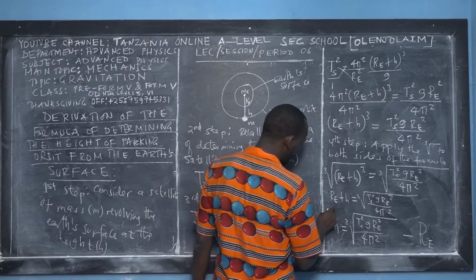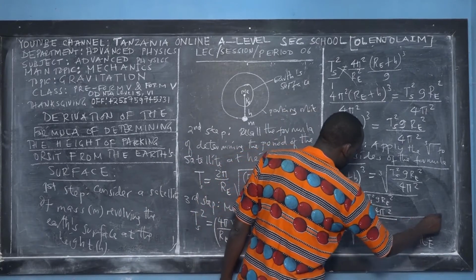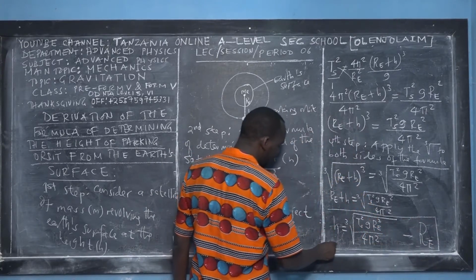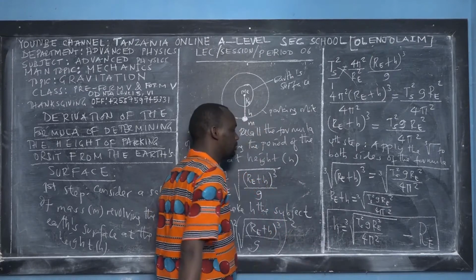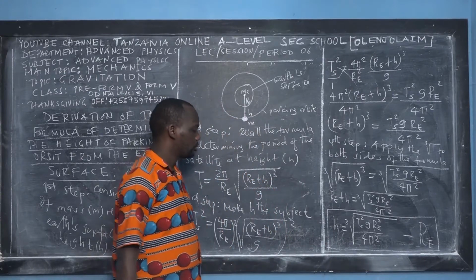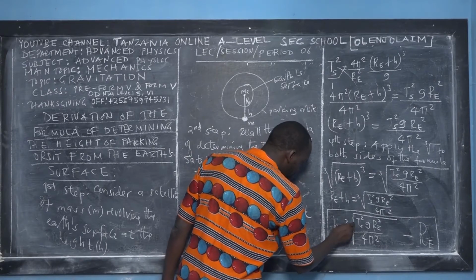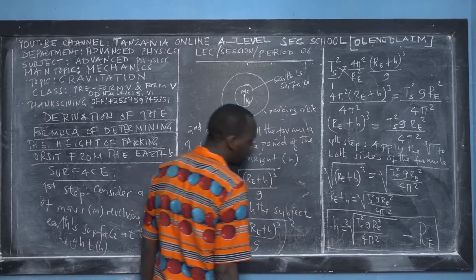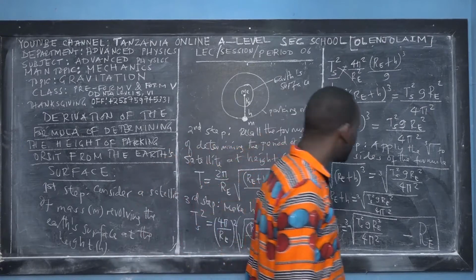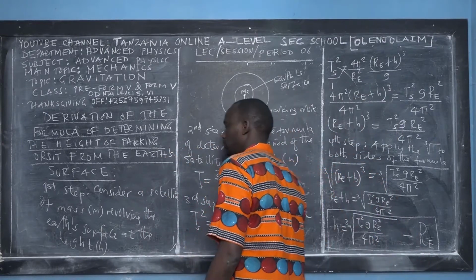This is the final formula that will help us to determine the height of the parking orbit. Remember that this is the cube root, not the square root. All of these are constants.